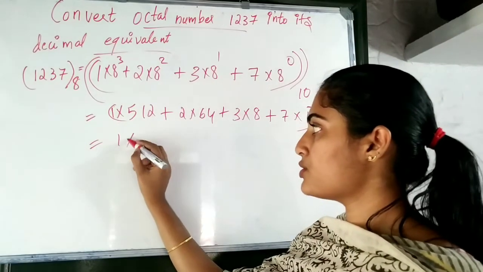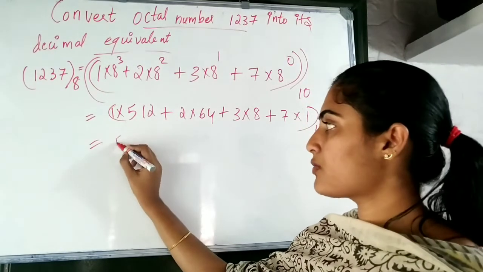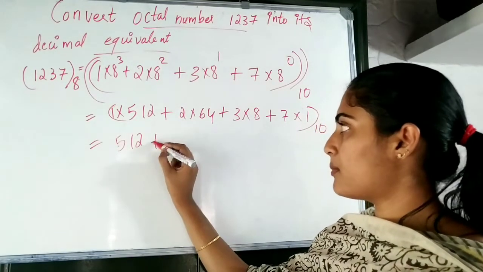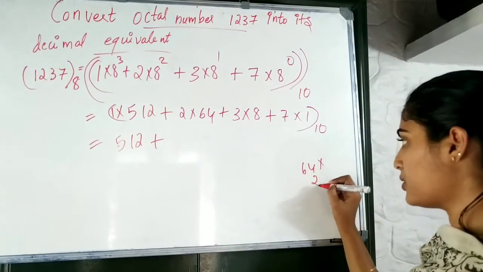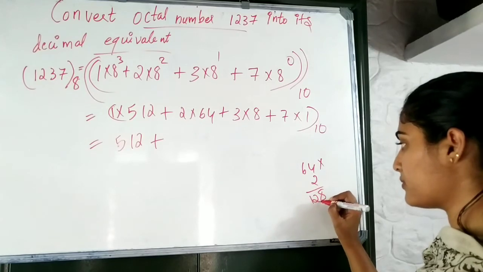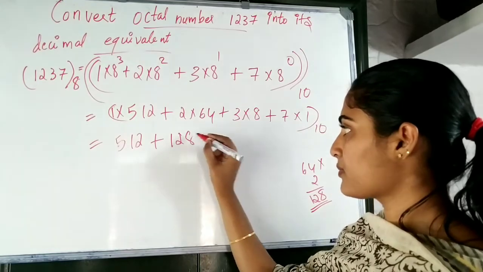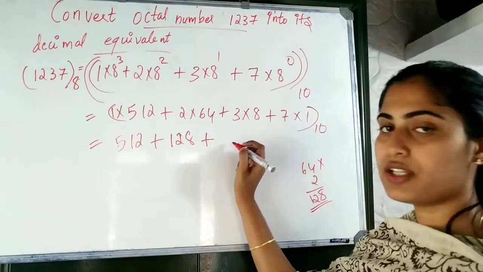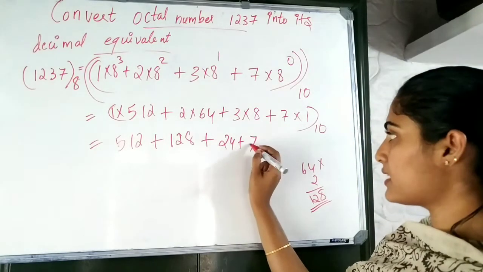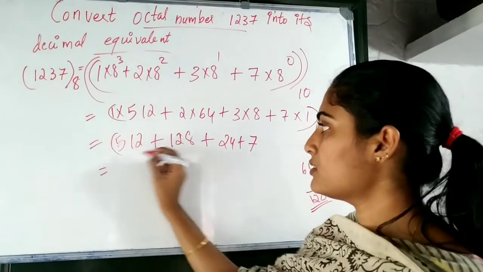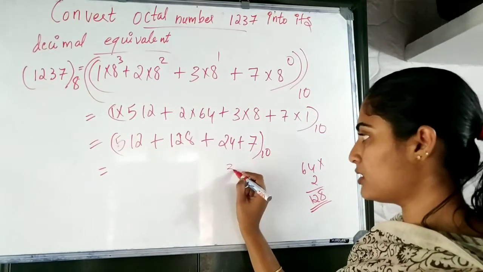So 1 into 512 is 512, plus 2 into 64 is 128, plus 3 into 8 is 24, plus 7 into 1 is 7, subscript 10. 24 plus 7 is 31.